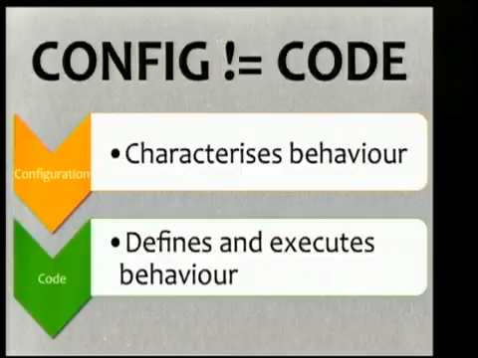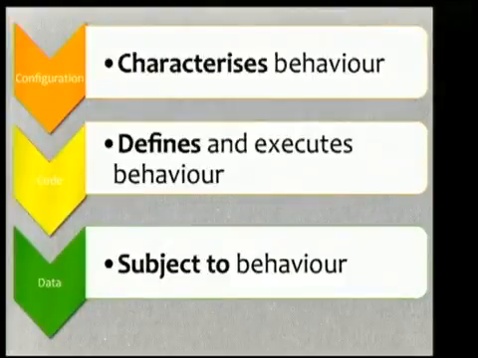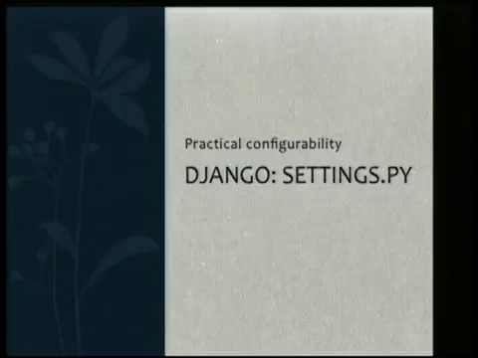So the thing I said, the reverse hard coding problem, actually provides us with the whole picture: configuration only characterizes behavior, code defines and executes it, and data is only the thing that is subject to behavior and should be stored in some sort of database.